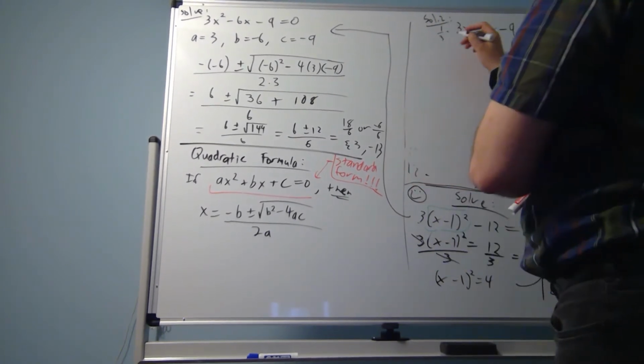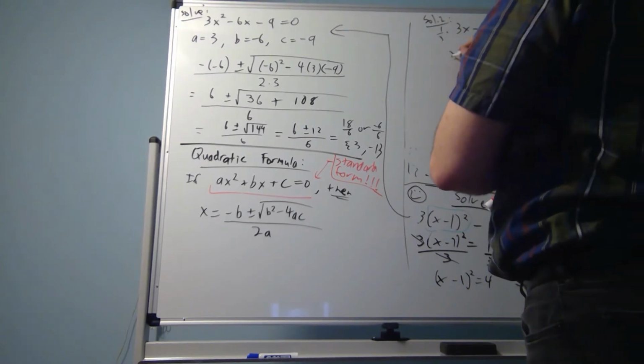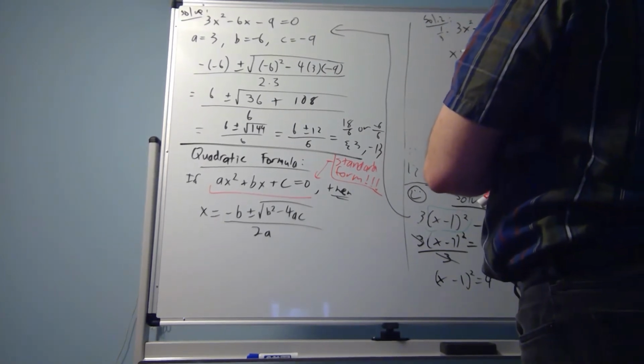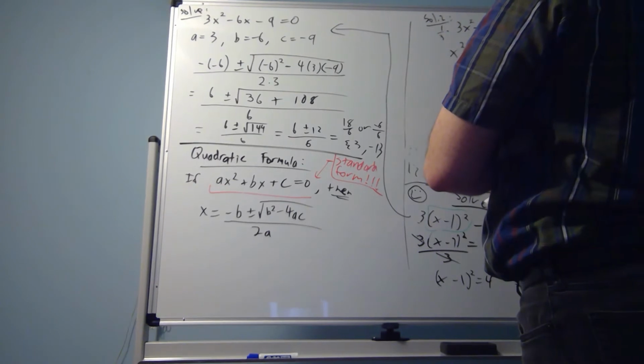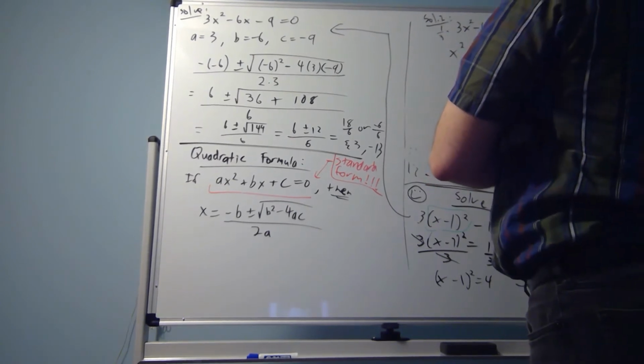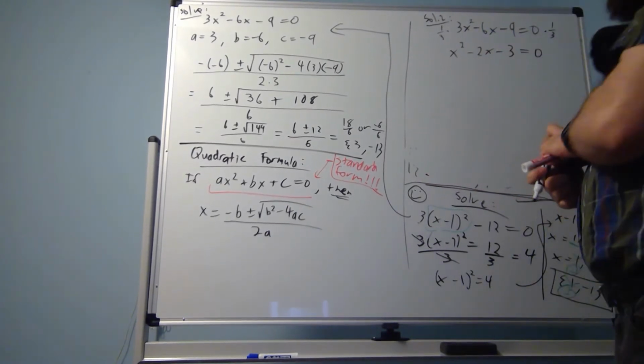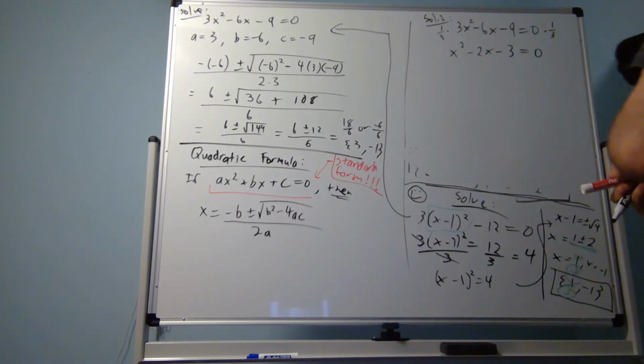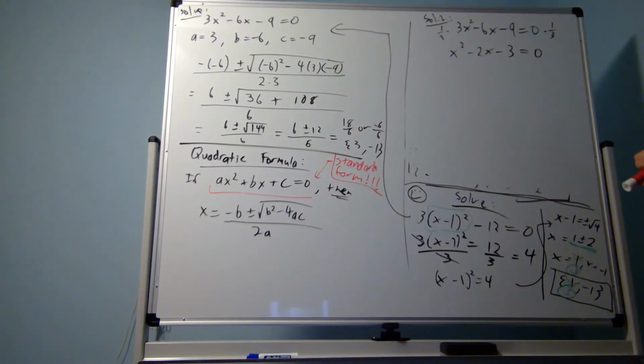Multiply both sides by 1/3 because there's a common factor here. Oh, sorry, I didn't copy it. There we go. So it's x squared minus 2x minus 3 is equal to 0. Well, now it depends on the instructions. Did I tell you to use the quadratic formula? Then you have to use the quadratic formula. Well, maybe this one you can factor it pretty quickly.